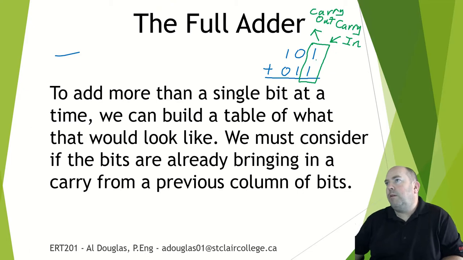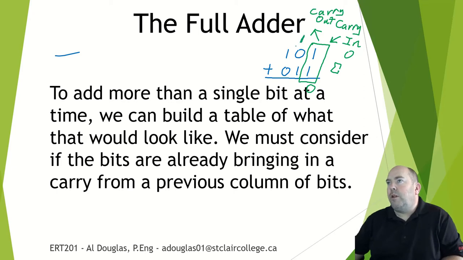Okay, so we do not have that. So carry in is going to be 0. Then we have our sum. Sigma represents sum. So the sum, we know a 1 and a 1 gives us a 0 with a carry out. So we have a carry out. We'll represent that right here.